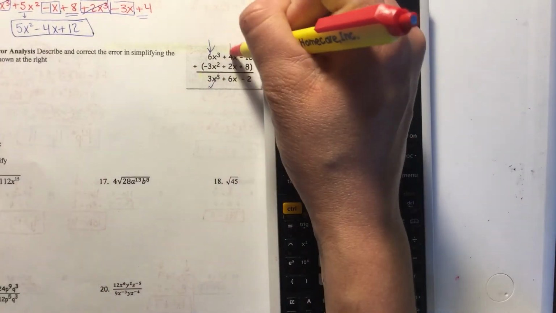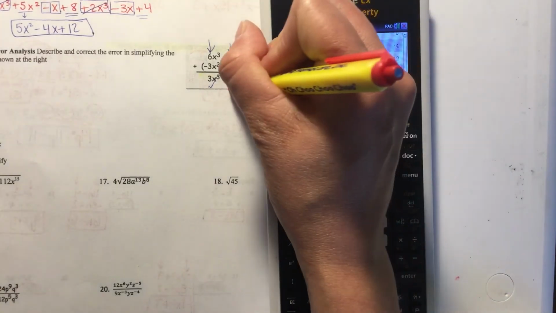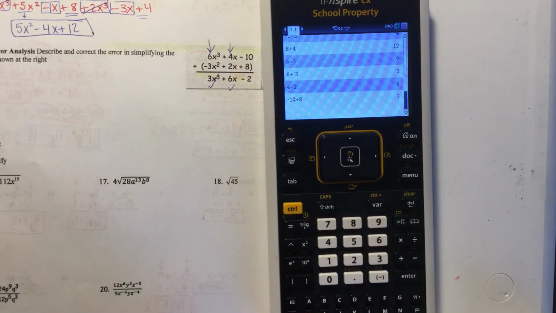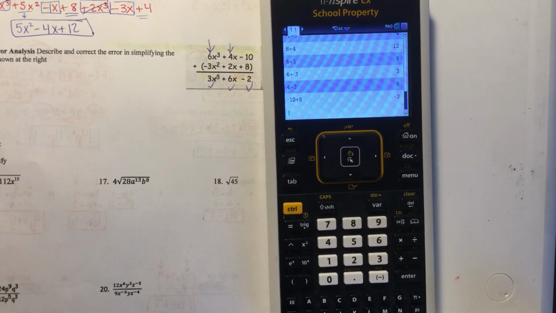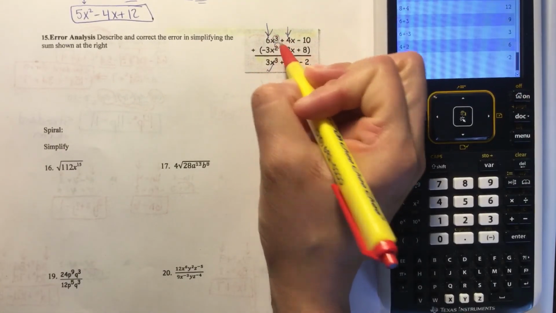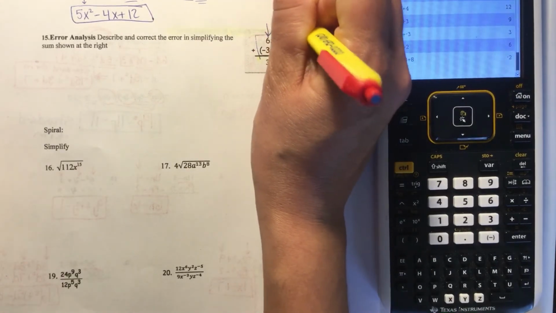Here you're going to combine your 4 plus 2, it's 6. Here you're going to combine a negative 10 plus 8, a negative 2. But what you have to recognize are your exponents. These are not like.